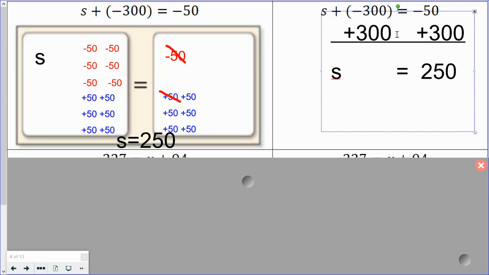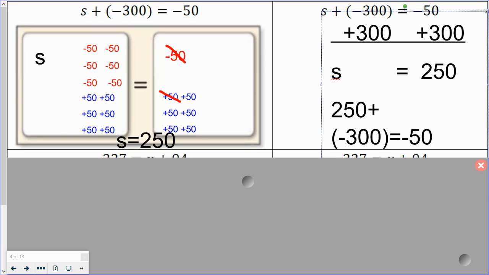So let's recheck our work. Is 250 plus a negative 300 equal to a negative 50?